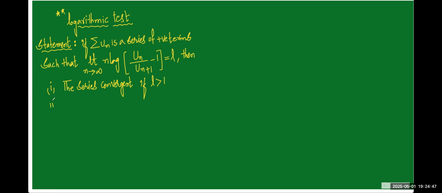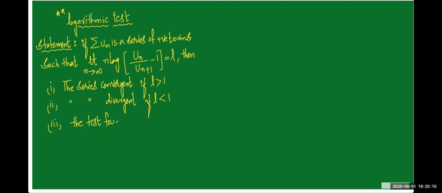Similarly, we say the series is said to be divergent if this value of L is less than 1. And now the important third case, the test fails. The test fails to decide the nature of the series if L is equal to 1.